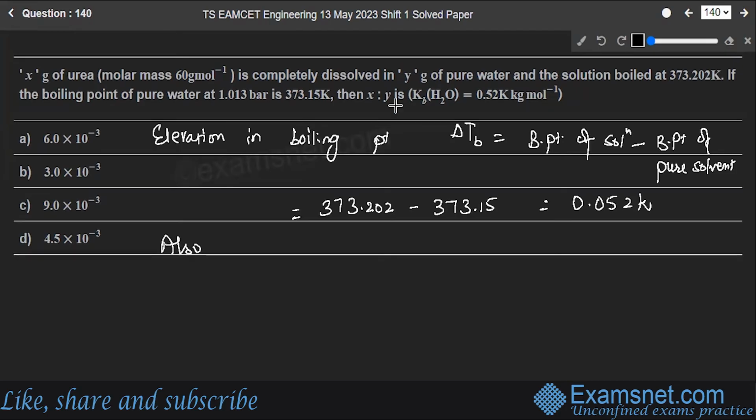Also, delta TB is equal to Kb into molarity. What is molarity?